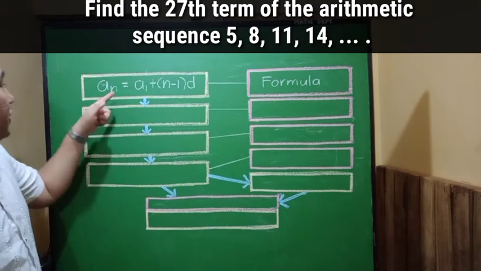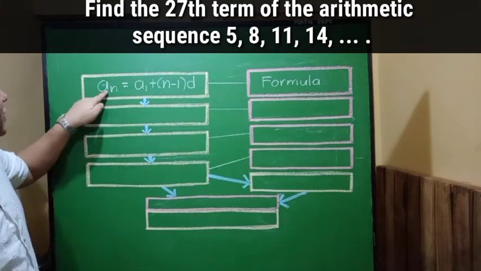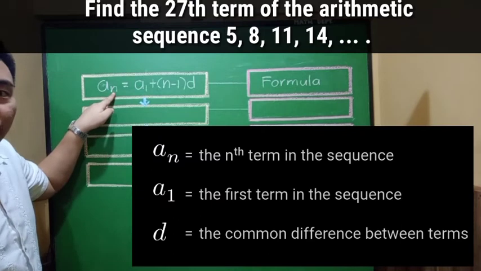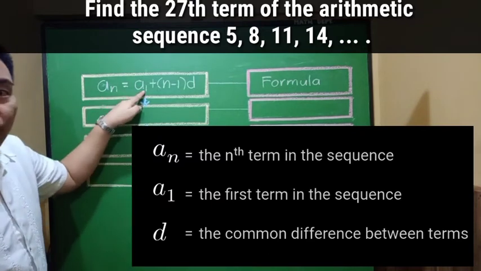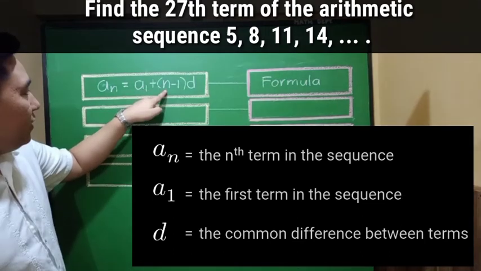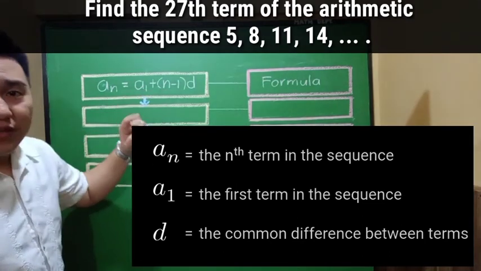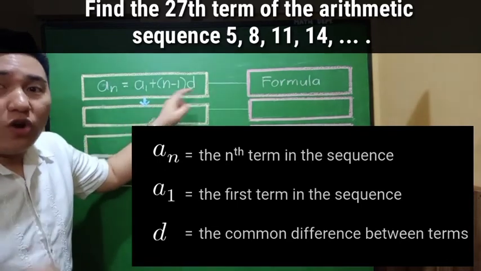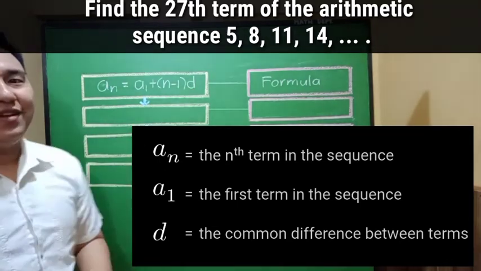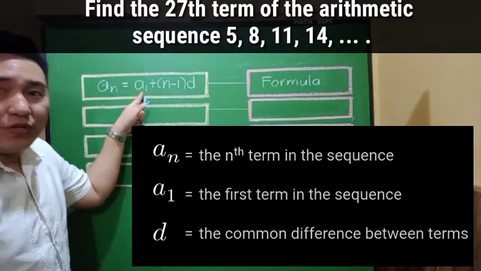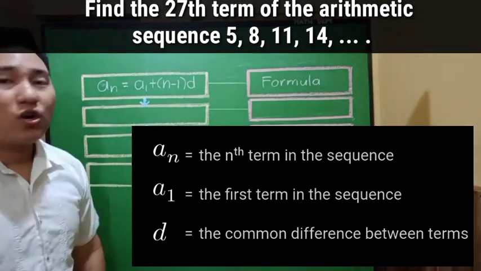This is the formula wherein a sub n here stands for the nth term that we need to find. A sub 1 here is the first term. The n is the given term. Then d here stands for the common difference. Again, n here is the nth term, a sub 1 is the first term, and d is the common difference.